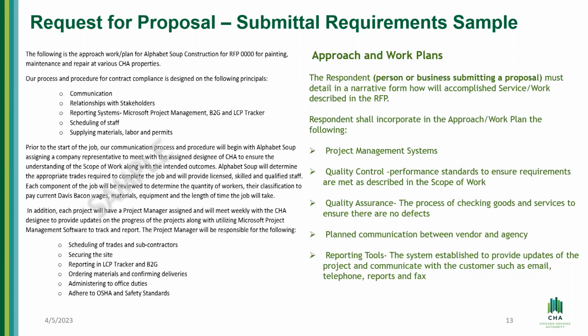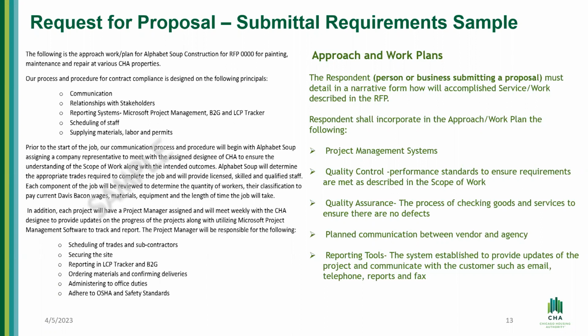Quality assurance is the process of checking goods and services to ensure there are no defects. This relates to how the process is performed, and it helps to verify that they're doing the right thing in the right way. Plan communication is how often you will meet with CHA to provide updates or progress on the project.